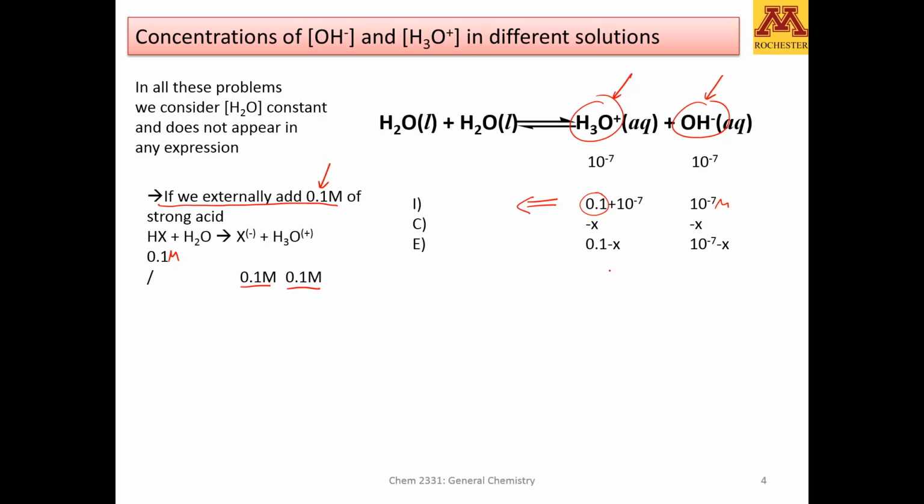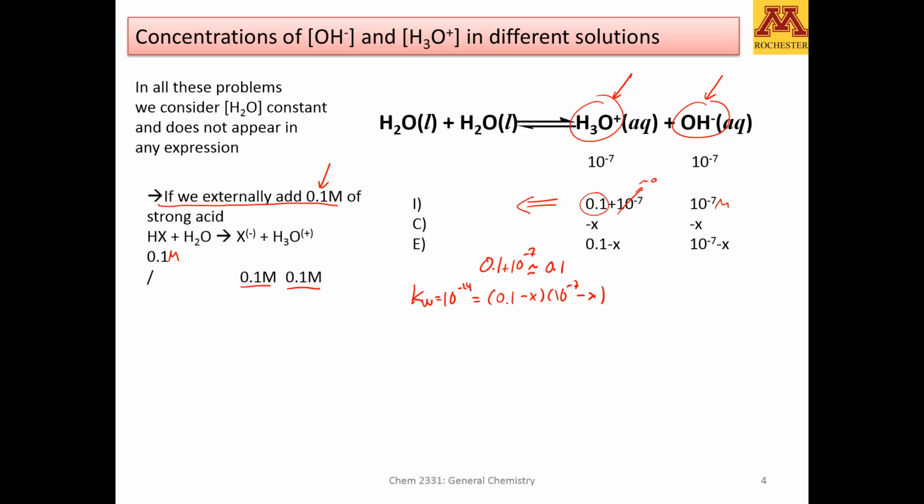So we can set up the equilibrium equation. I'm going to make an approximation here: 0.1 plus 10 to the negative 7 is pretty much just 0.1, because it would be 0.10000001. We can say that this is 0 compared to the 0.1 that I just added. So Kw is 10 to the negative 14, and it's equal to (0.1 minus x) times (10 to the negative 7 minus x).